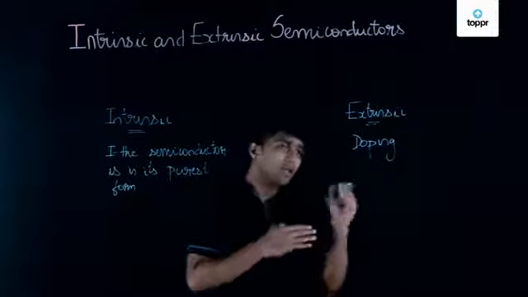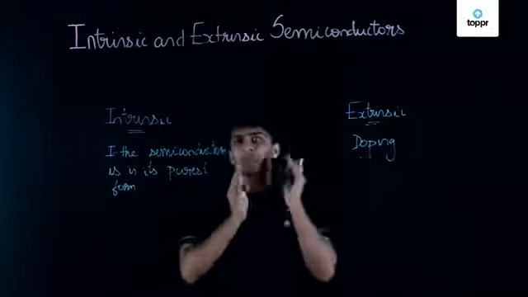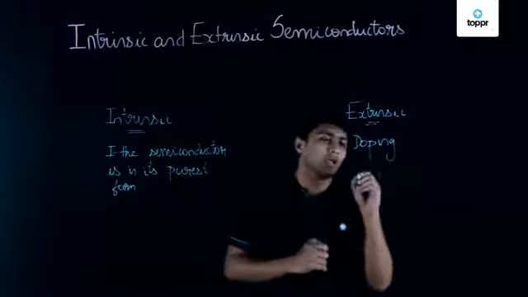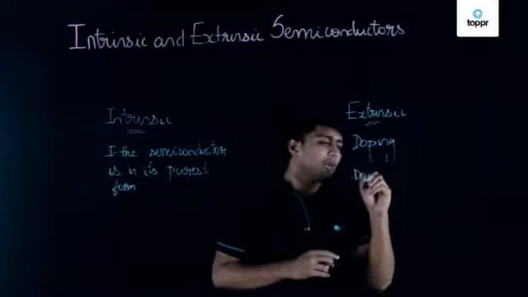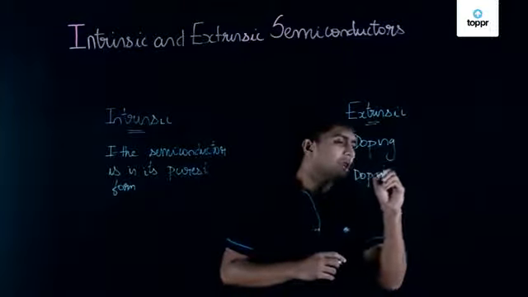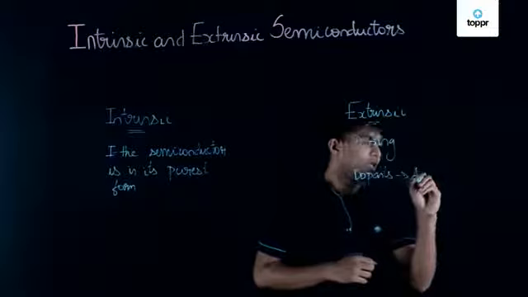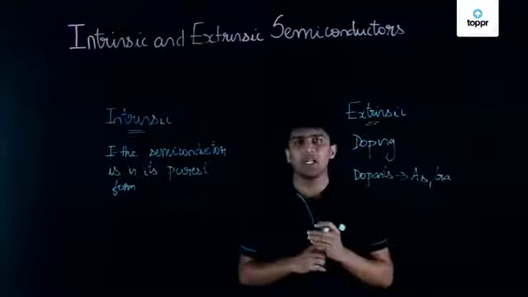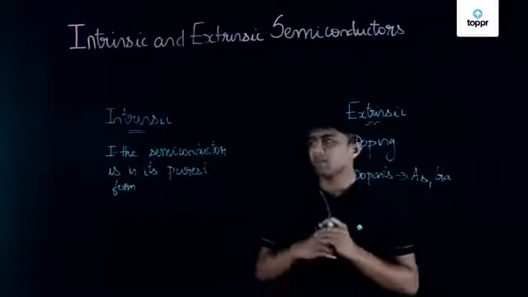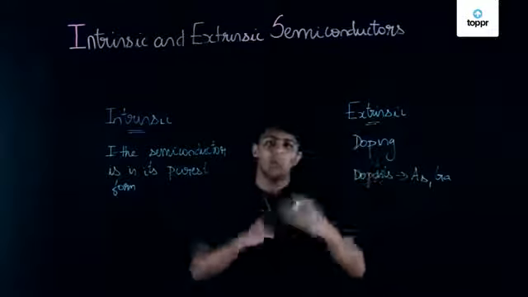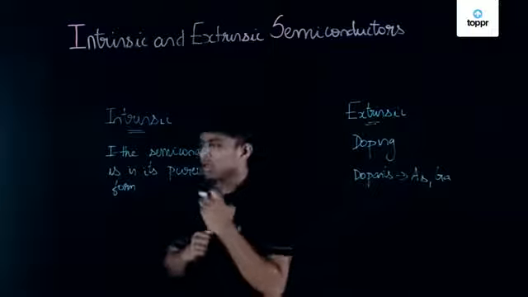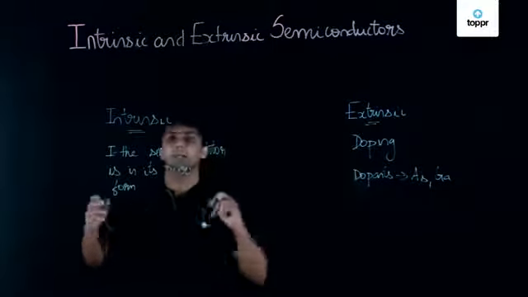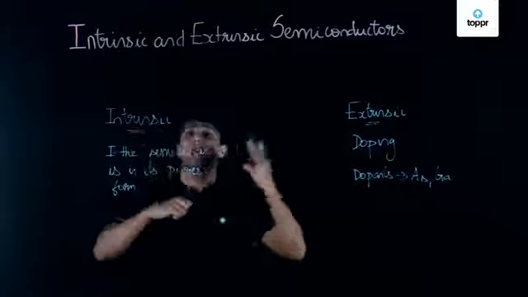And the material with which we are adding those impurities, or doping, is called dopants. Examples of dopants are arsenic, gallium, etc. So these are some impurities or dopants which we add in a semiconductor to make it more efficient.